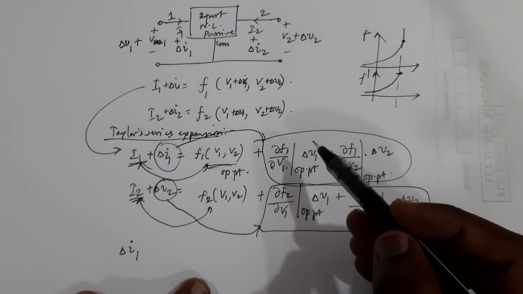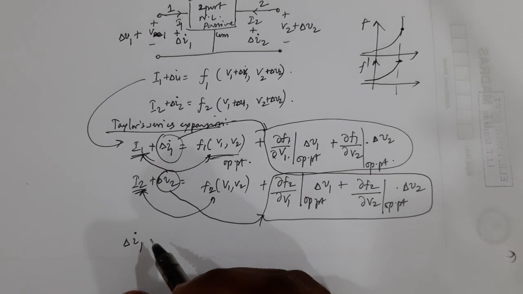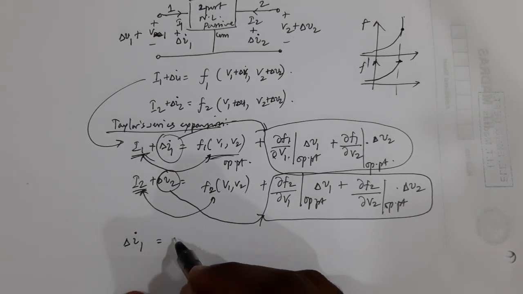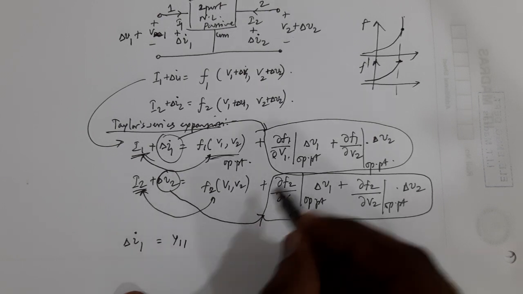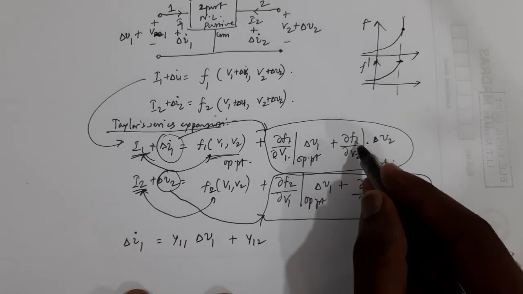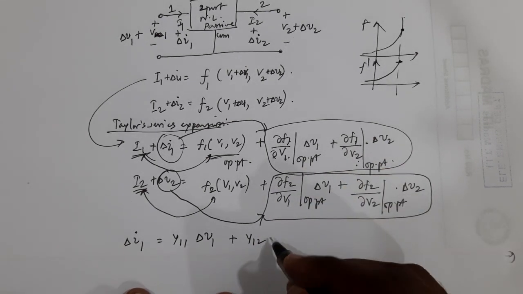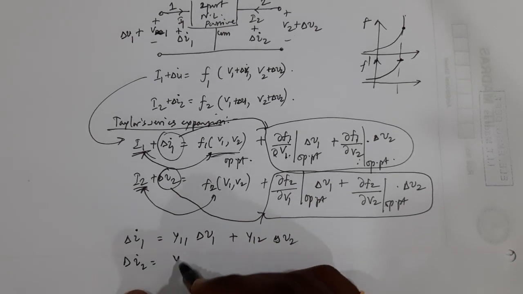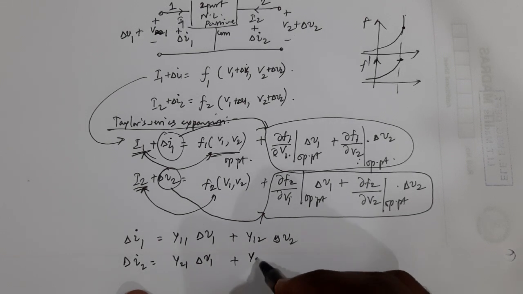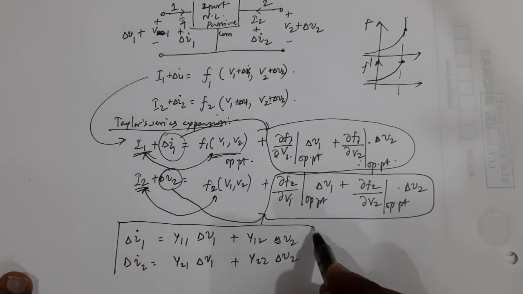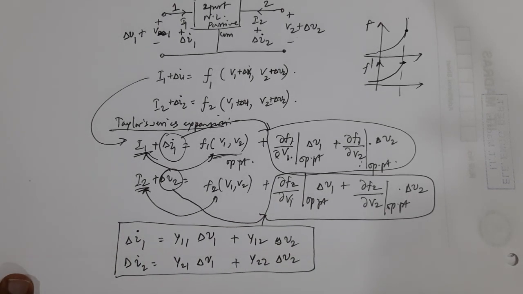Okay, and in your two-port nomenclature, you represent conductance by Y, right? So delta I1 can be represented as some Y11 times delta V1 plus Y12 times delta V2, and delta I2 is equal to Y21 delta V1 plus Y22 delta V2. Okay, so it's very similar to that of a linear two-port that you had, right?